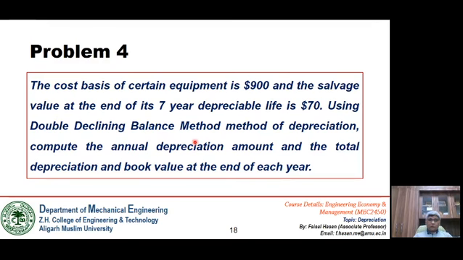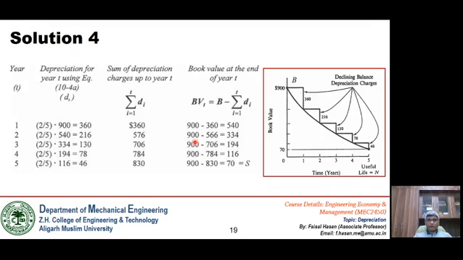If we solve it using the double declining balance method, initially the book value is 900. In double declining methods, the fixed percentage is 2 by n. So 2 is fixed, n is given as 5. What will be the depreciation amount? It will be 2 by 5 of 900. When you multiply it, you will get 360.